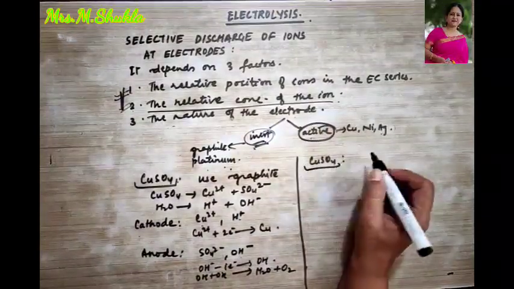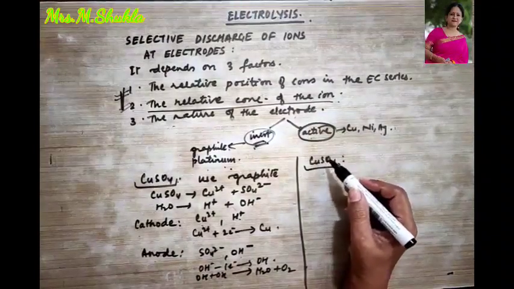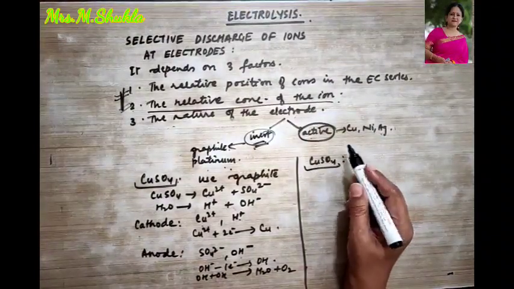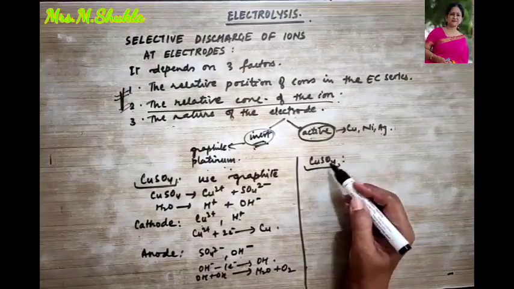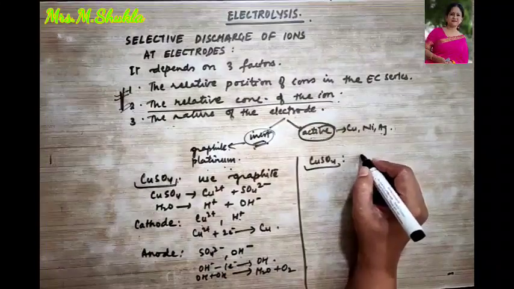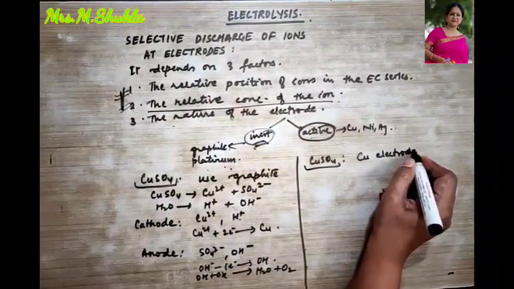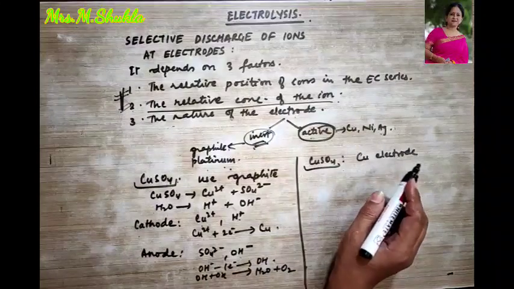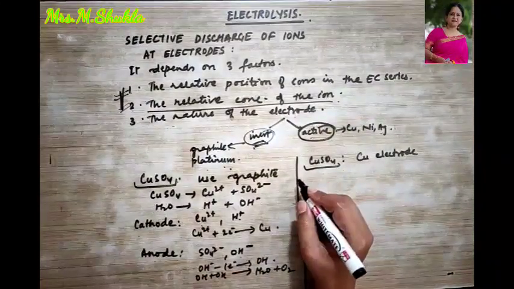So the active electrode could be, whichever solution the electrolyte has a metal, that particular metal is used as an electrode. So over here it is copper sulfate, so I'm going to use a copper electrode. Now a copper electrode is an active electrode, do remember that. So what do we have?